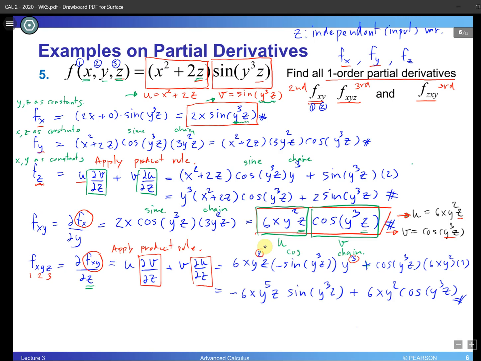Alright, now let's move to the last one. Also a third order partial derivative, which is f with respect to z first, and then y, and then x. In order to find this directly, we are supposed to differentiate the function with respect to z first, then y, and then x.